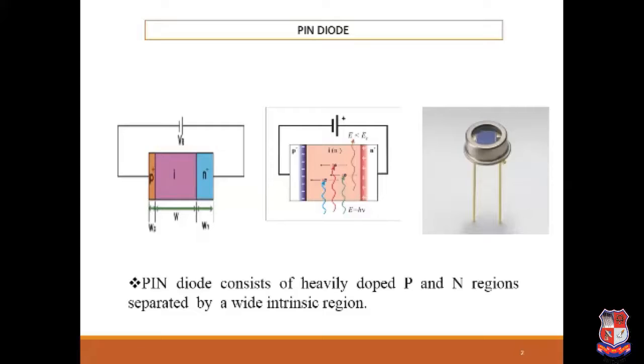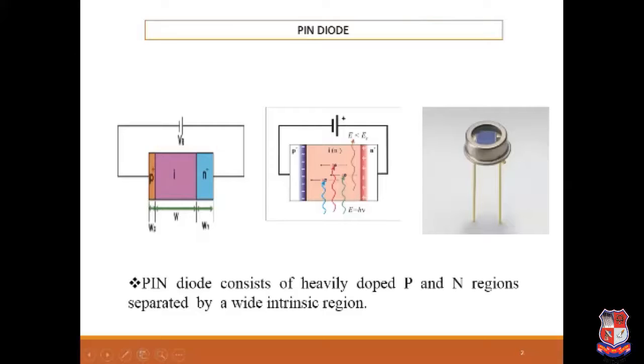Here you can see a PIN diode consists of heavily doped P and N regions separated by a wide intrinsic region.